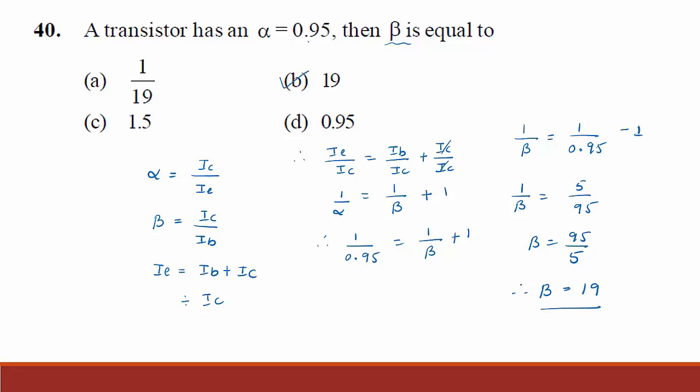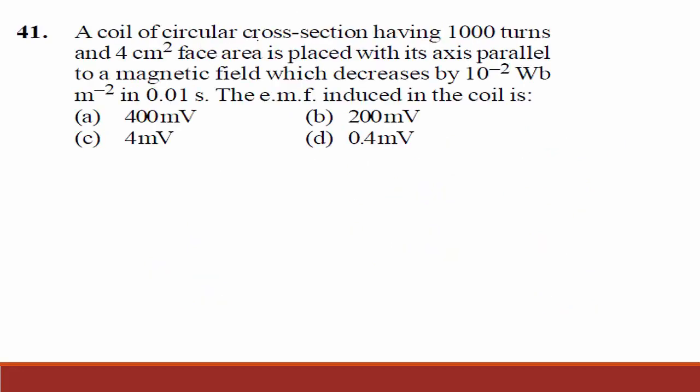Option B is right. A coil of a circular cross section having 1000 turns and 4 cm square face area is placed with its axis parallel to a magnetic field which is decreased by 10 raised to minus 2 Weber per meter square in 0.01 second. The EMF induced in the coil is, here the number of turns is given, we can write N equal to 1000.